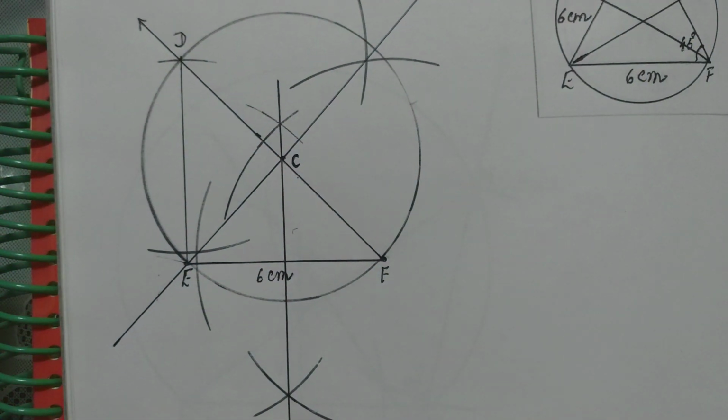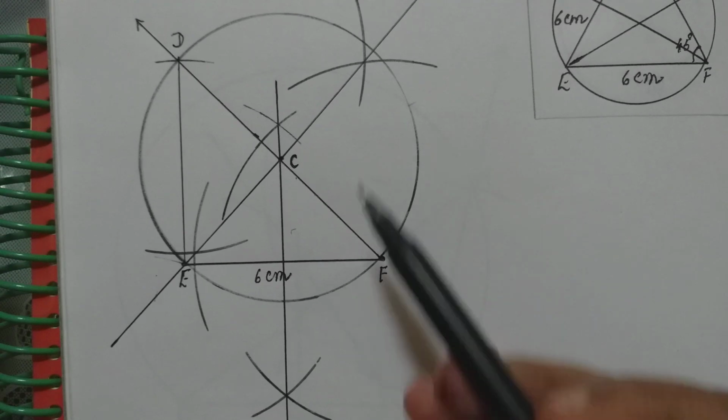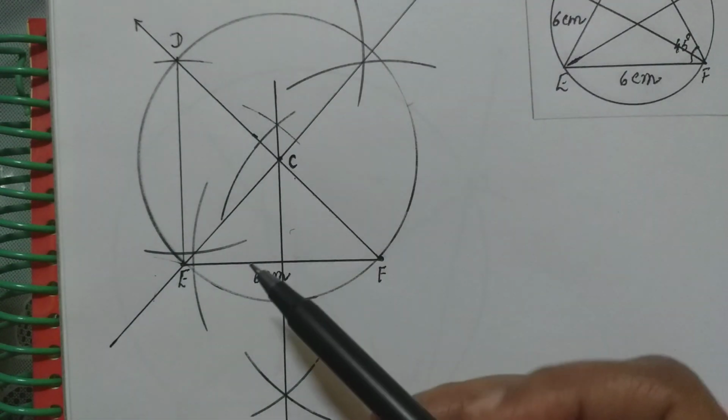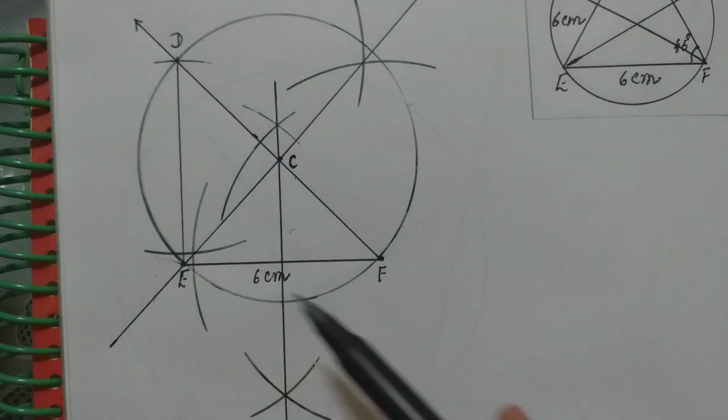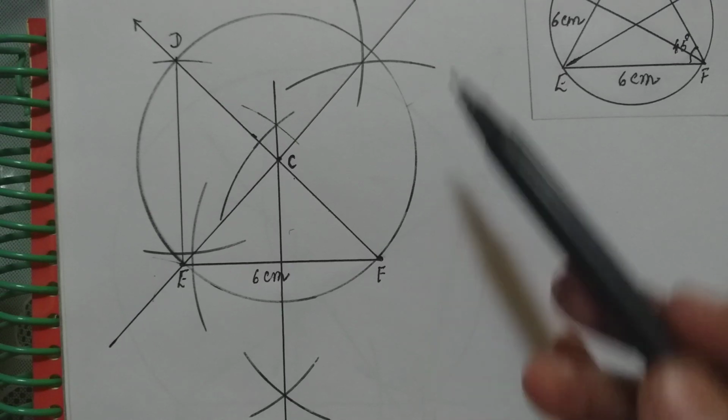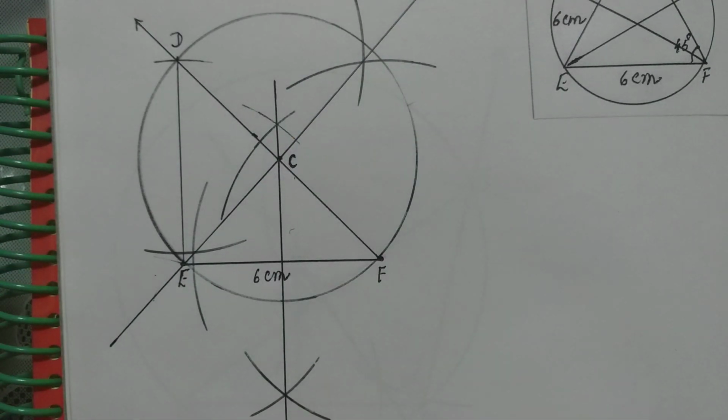Okay, now the circle is complete and you notice that the circle which is drawn is passing through the three vertices D, E and F. So this is the circumcircle.